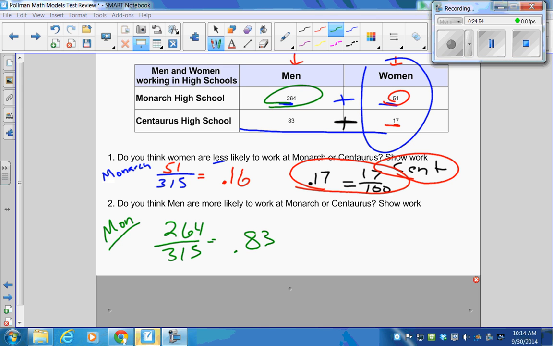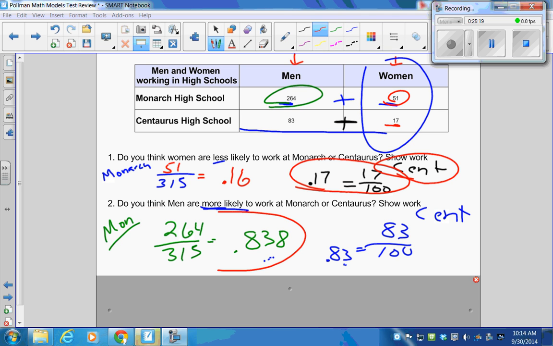We'll do this just in case. When I go to Centaurus, there's 100 total teachers, and there are 83 men, which is exactly 0.83 at Centaurus. So my question is, where are men more likely to work? 0.838 is bigger than 0.83, so men are more likely to work at Monarch.